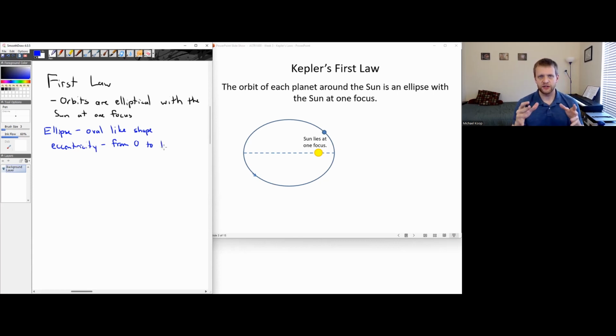And this eccentricity of your ellipse is basically a measure of how far away from being a perfect circle it is. If it's 0, you've got a perfect circle. So 0 is a perfect circle, and 1 is a totally flattened circle.